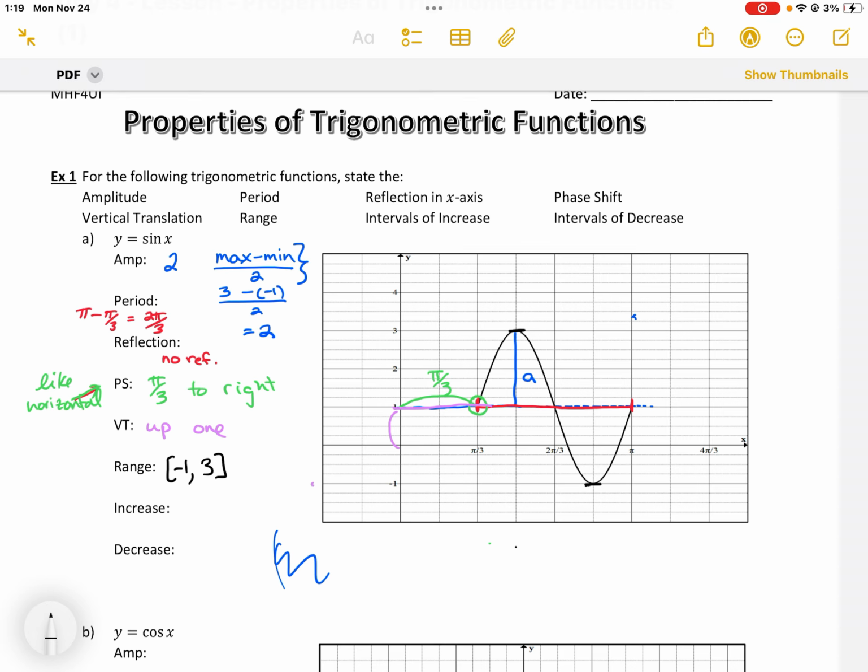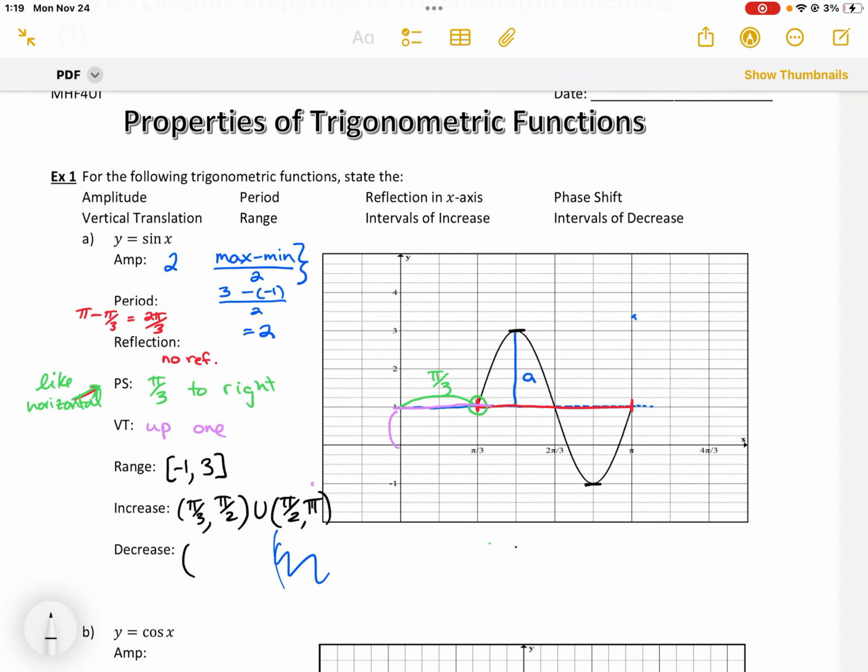My increasing values are the values where my graph looks like it is climbing. So I'm increasing from pi over 3 to, this would be pi over 2, I think. And then we are also increasing from pi over 2 to pi.